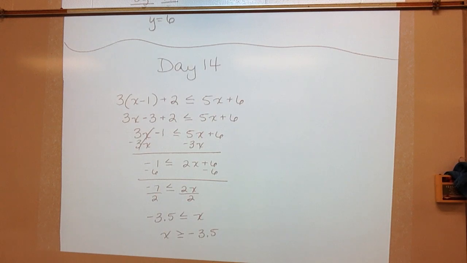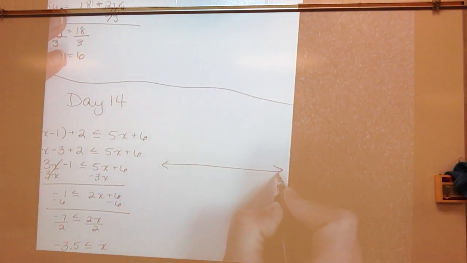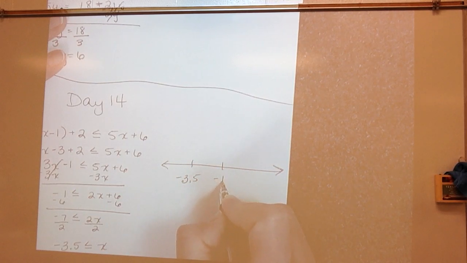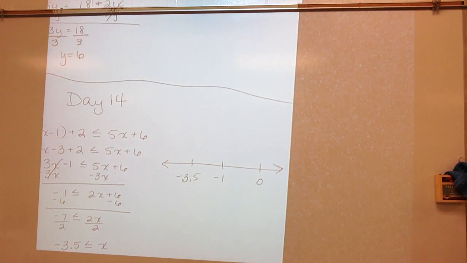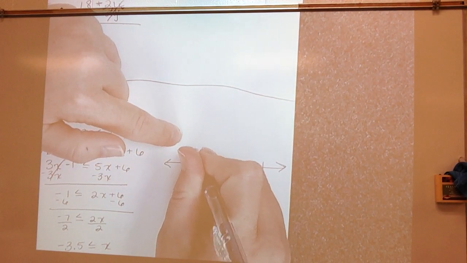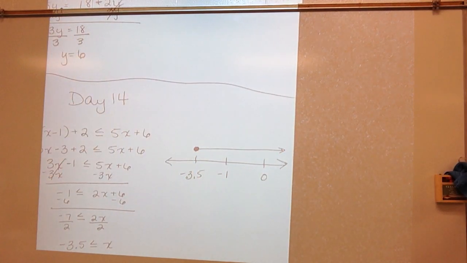I'm no longer looking at x as only negative 3.5. x can be anything bigger than negative 3.5. So that means if I were to look at this on a number line, I would see everything bigger than negative 3.5, but guys, it never stops.